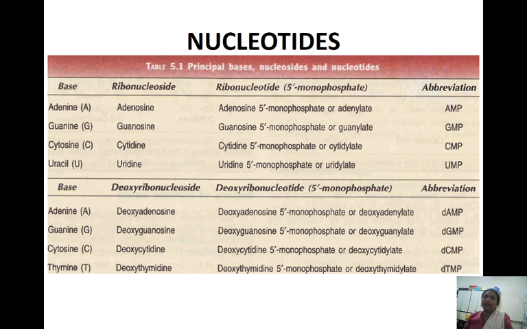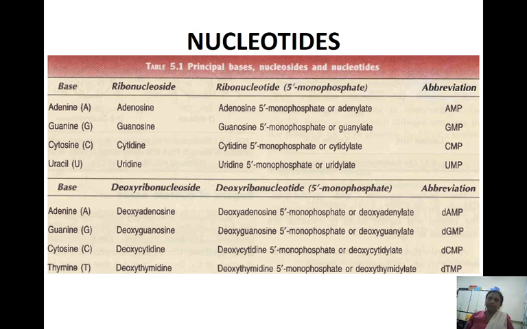Adenine with the sugar ribose forms the nucleoside adenosine. Its ribonucleotide, adenosine 5' monophosphate, is AMP, also called adenylate. Guanine with ribose forms guanosine, which is phosphorylated to form guanosine 5' monophosphate, or guanylate, abbreviated GMP.